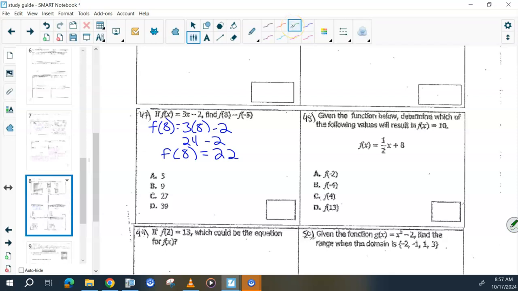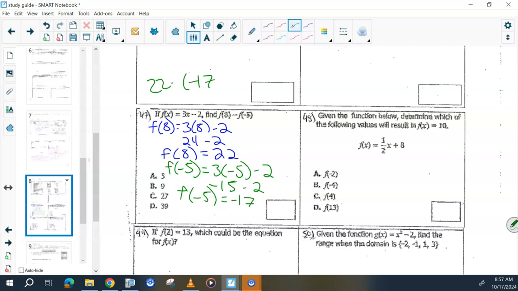And then for the second one, f of negative 5 would be 3 times negative 5 minus 2, or negative 15 minus 2. So f of negative 5 is negative 17, and then the last thing, it wants me to subtract f of 8 minus f of negative 5. So that would look like 22 minus negative 17. So f of 8 minus f of negative 5 would be 39.